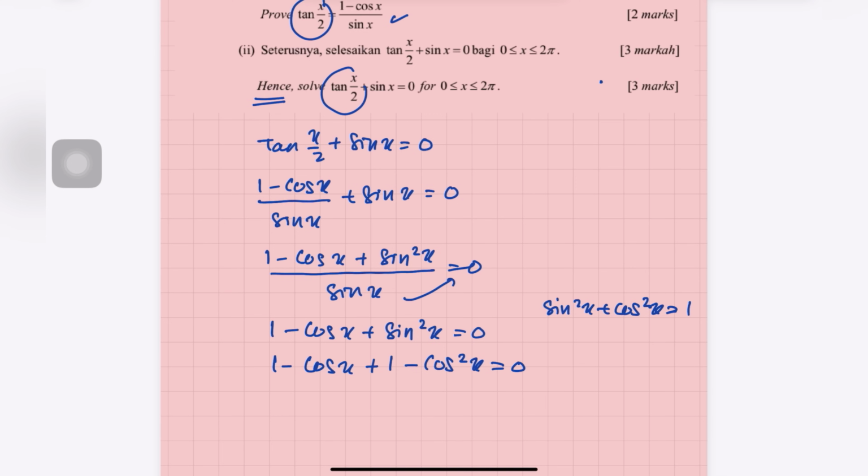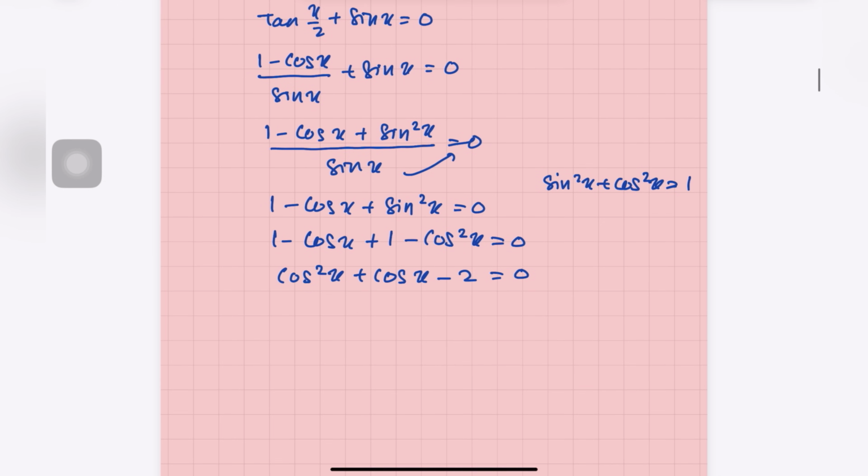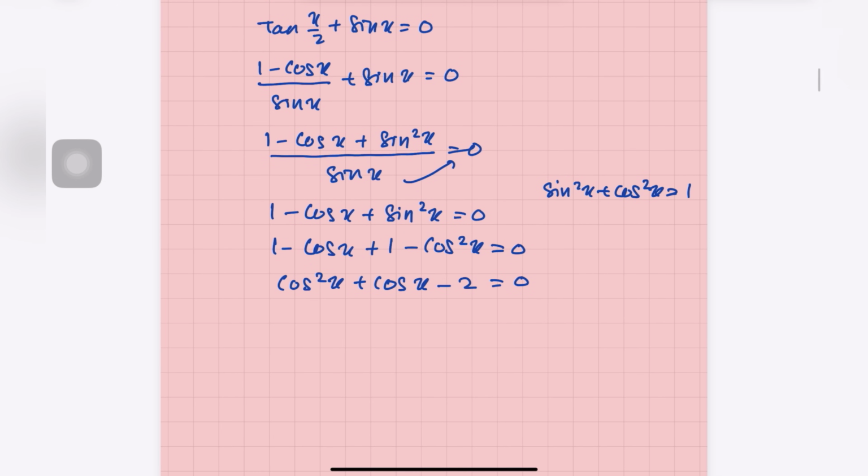Okay, so this one we make it general, so it is cos squared x plus cos x minus 2 equals 0. Then the rest we just factorize. This one will give cos x minus 1 and cos x plus 2 equals 0. Solve cos x equals 1.